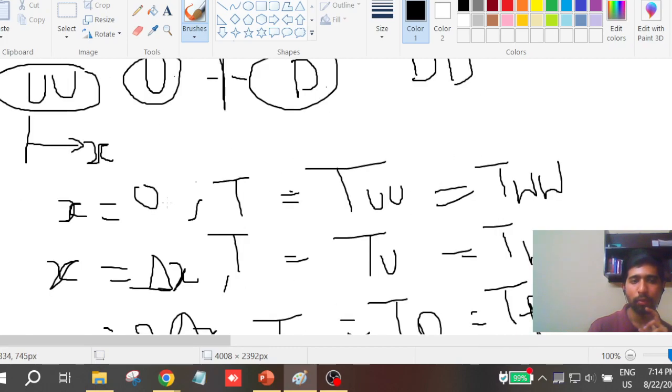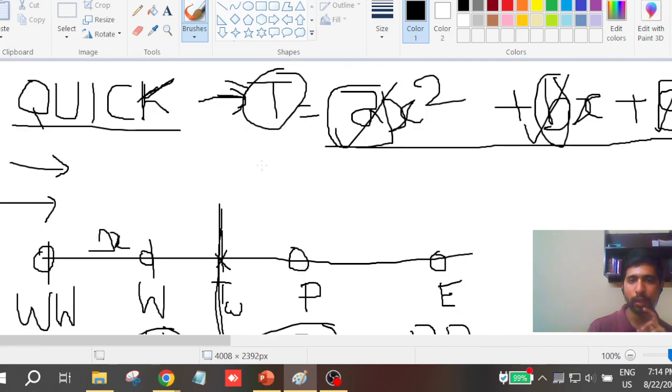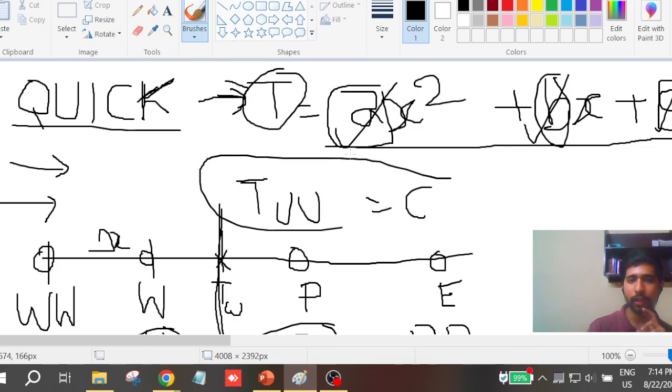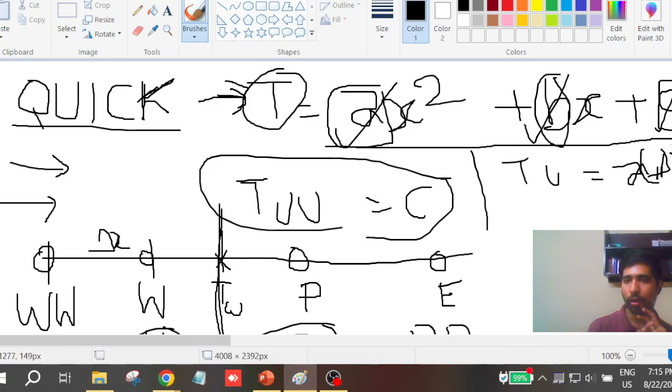Now substitute these three things. At x equal to 0, temperature is upstream of upstream, which is equal to C. Directly I got the C value, right, because I'm substituting x equal to 0. Now you need two more equations. Temperature upstream is equal to A into delta x whole square plus B into delta x plus C, whose value you already know.